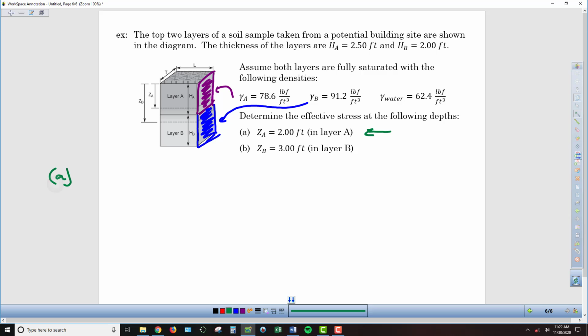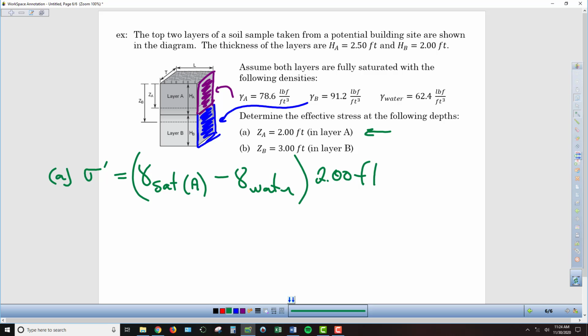So let's start with part A. Remember, the effective stress is measured by taking the saturated density, and in this case that's just going to be for layer A. We're then going to subtract the density of water, and then we're going to take all of that and multiply it times the depth of the sample. That's the formula that we defined earlier, and in this case that's going to be a depth of 2 feet.